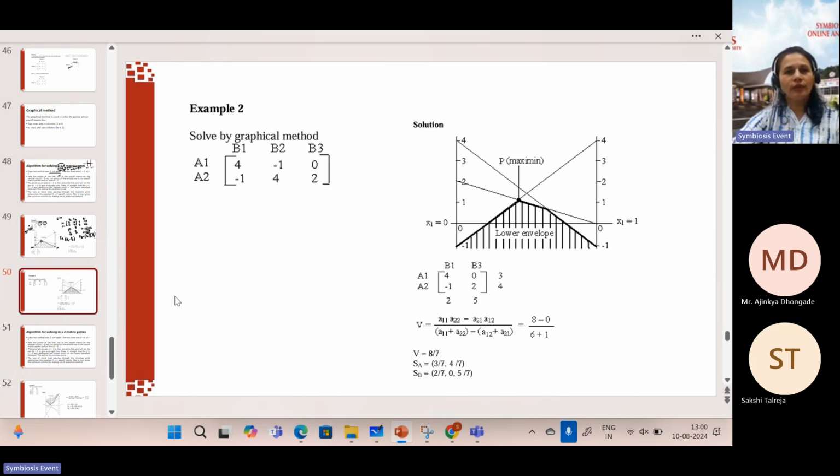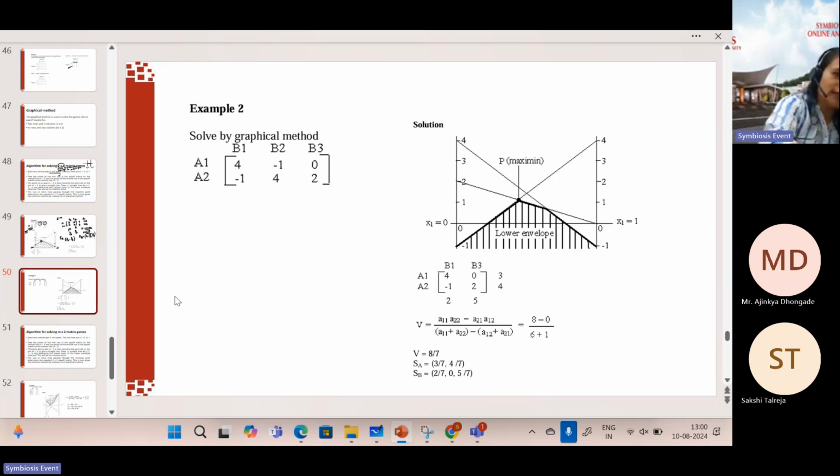Solve by graphical method. So already dominant metric is given to us, but it may be possible sometimes you have to make the mix of the two. You are adopting the dominance, you are adopting this maxmin minmax criterion, then you are applying the graphical. So see the question and then you take the call.